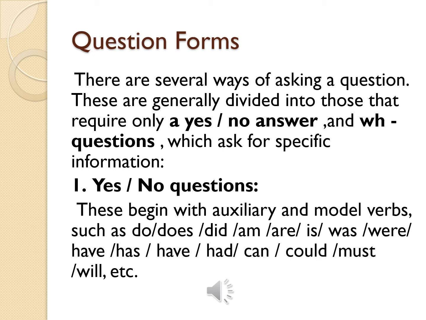Let's start with yes/no questions. These begin with auxiliary and modal verbs such as do, does, did, am, are, is, was, were, etc. So, this type of question starts with auxiliary or modal verbs.